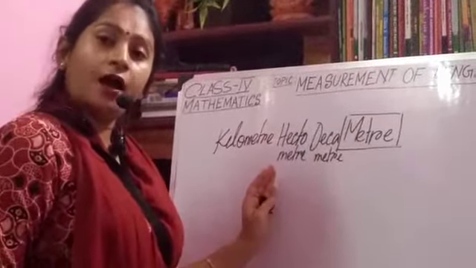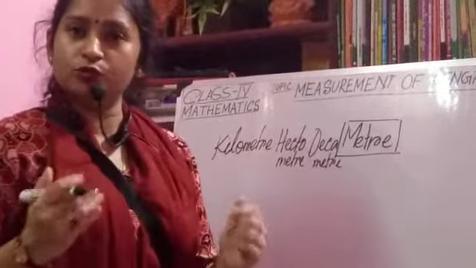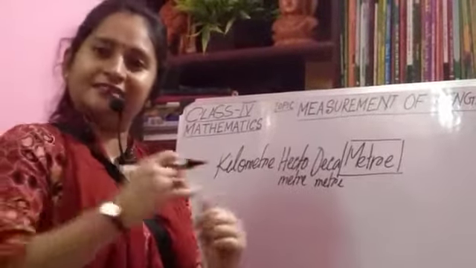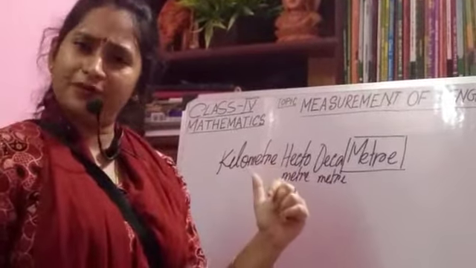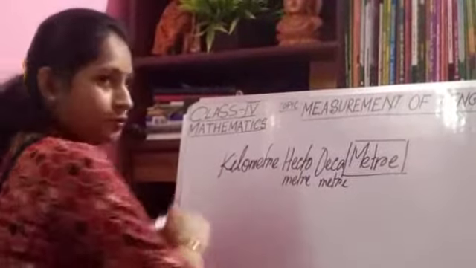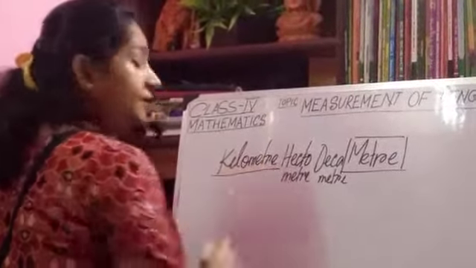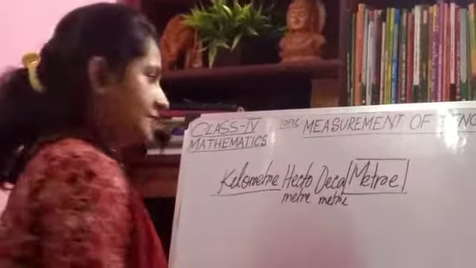They are the higher units. Suppose you want to know what is the distance between Kolkata and Delhi. So that is a huge distance. Bigger units are required to measure that. There we use kilometer, right? So this is the greatest unit to measure length.